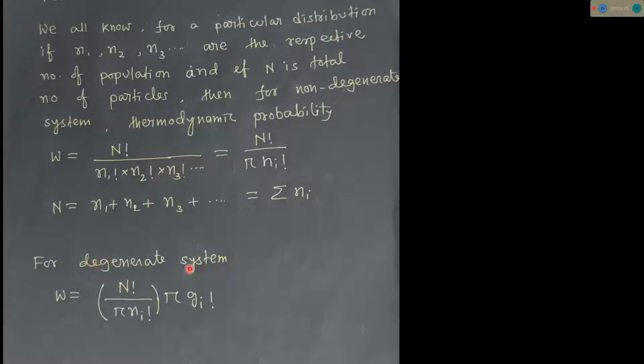For a degenerate system, only one extra term should be there, that is the degeneracy term. The product of ni factorial is the same, and additionally we have the product of gi, that is g1 factorial into g2 factorial into g3 factorial, and so on.